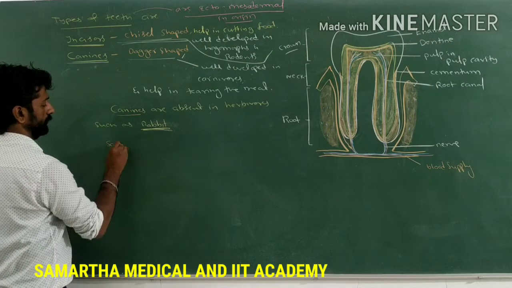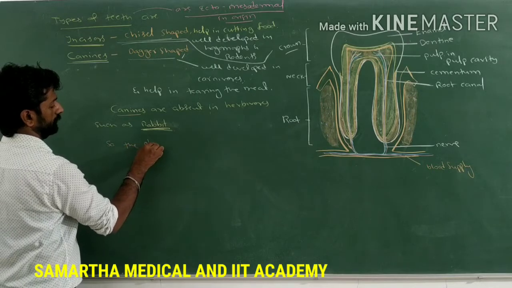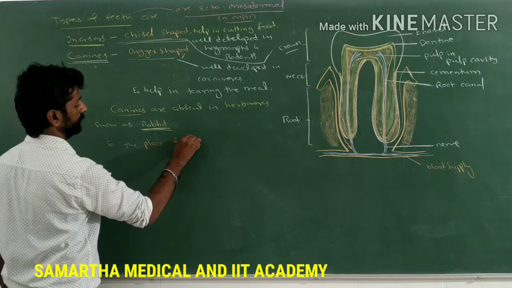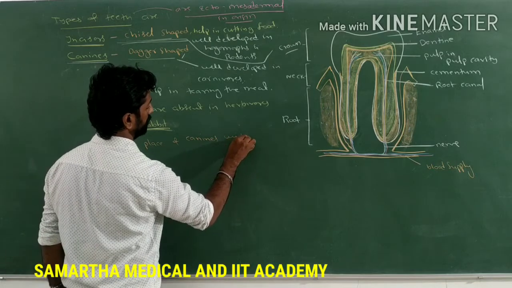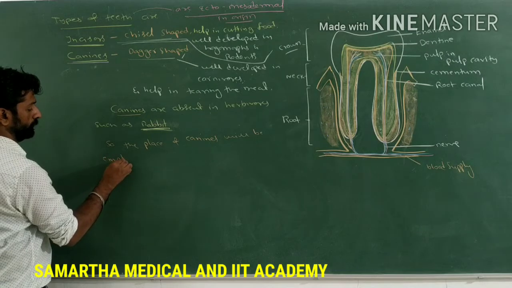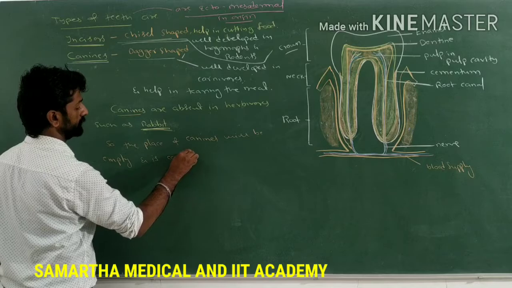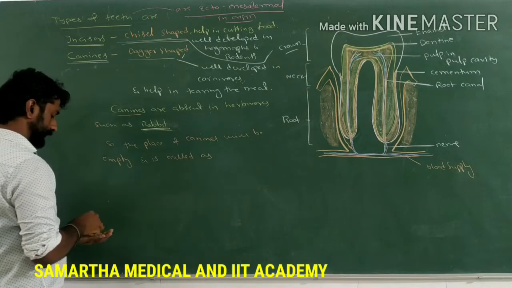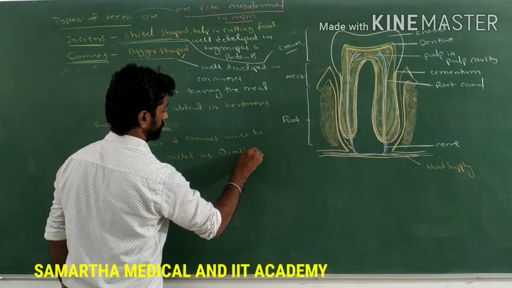So the place of canines will be empty, and it is called the diastema.